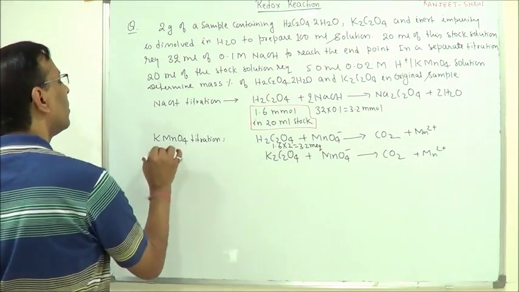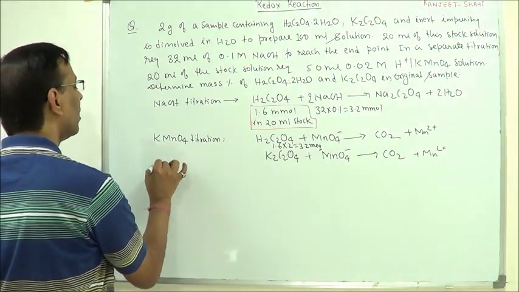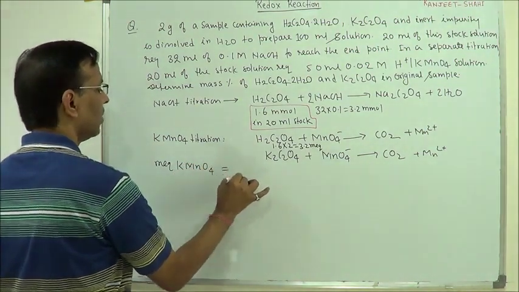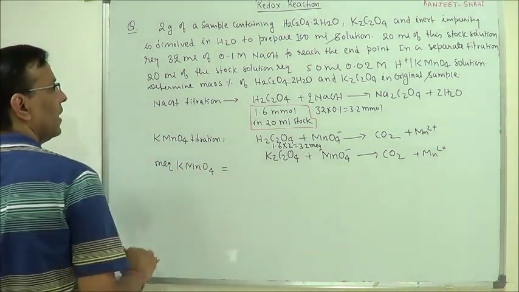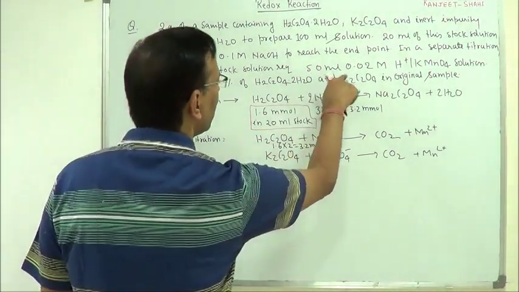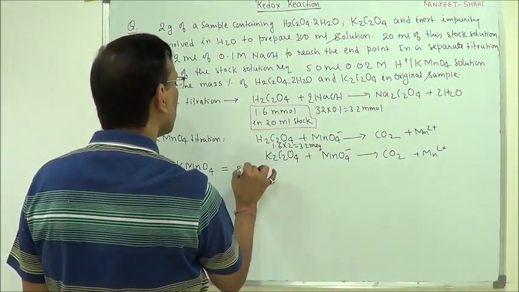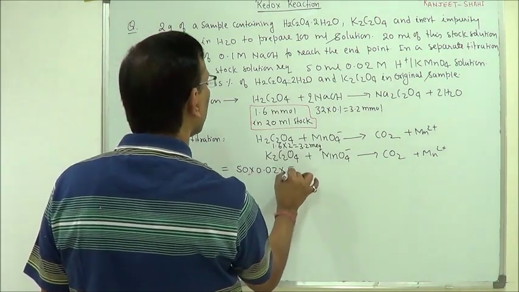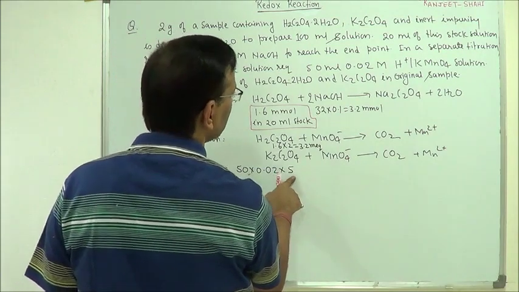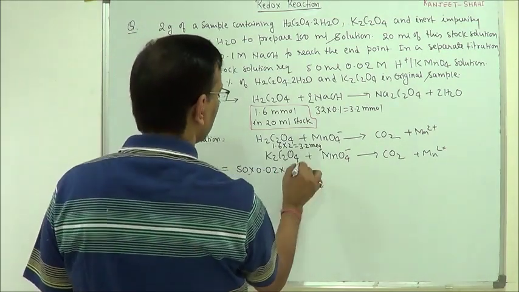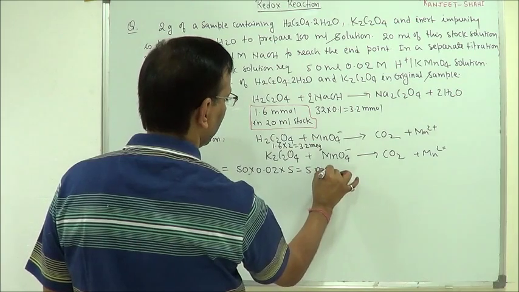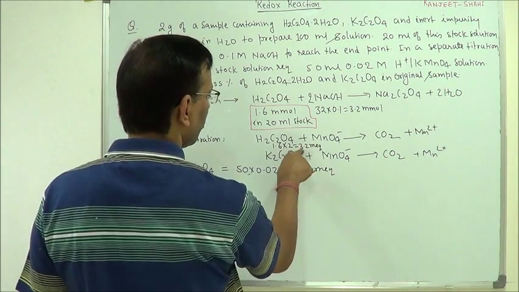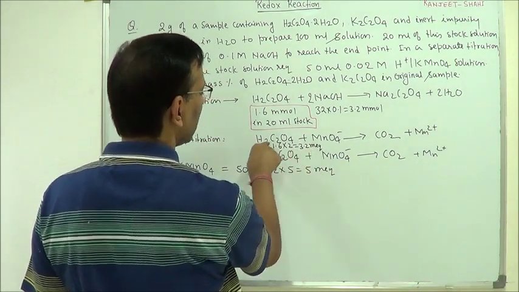And milliequivalent of KMnO4 for 20 ml is 50 into 0.02 into 5, molarity multiplied by N factor. So 5 milliequivalent. Out of this 5 milliequivalent, 3.2 milliequivalent will be consumed for oxidizing oxalic acid.